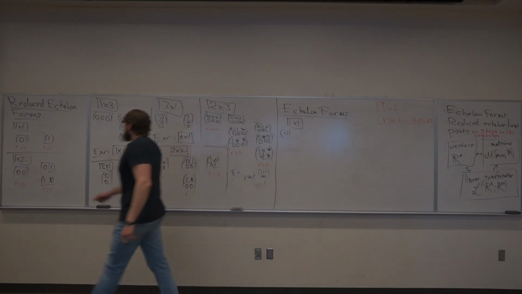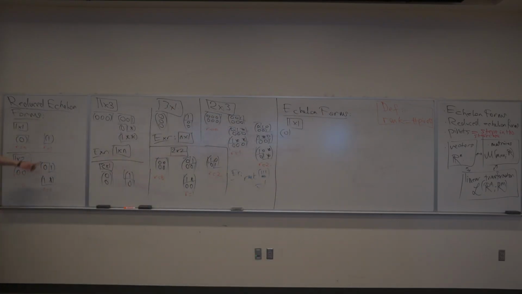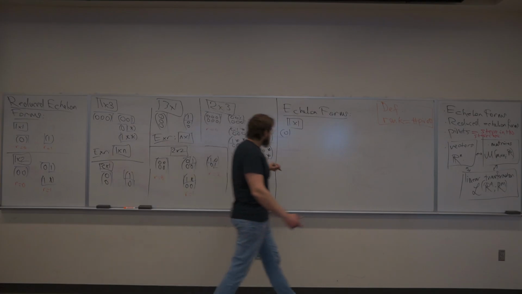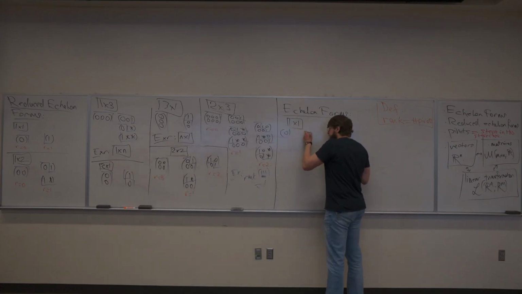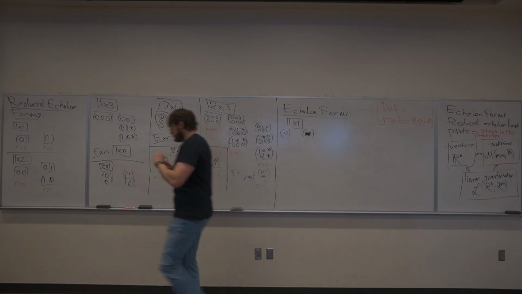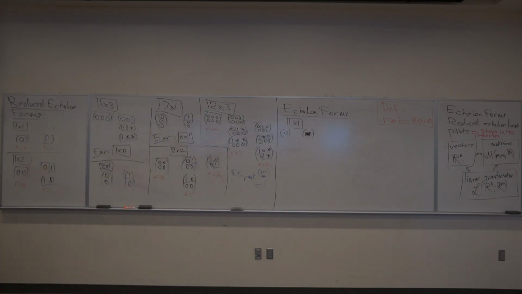However, you can mess this up by turning this 1 into some anonymous number that is possibly not equal to 1. It cannot be 0, but any other number it can be. So that, remember, was how we denoted by this box. Just to remind you, star means some anonymous number that is possibly 0. Box means some anonymous number that cannot be 0.